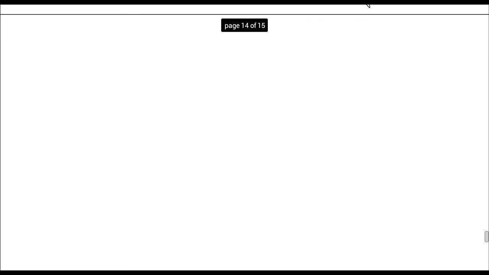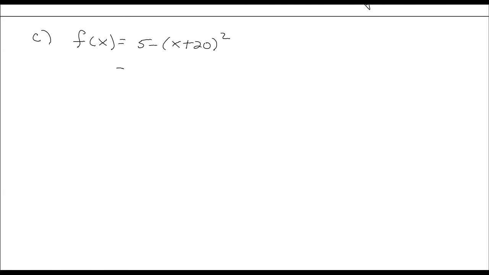Part C is a quadratic function, which is given as f of x is equal to 5 minus the quantity x plus 20 quantity squared, which I'm going to rewrite again. Negative quantity x plus 20 squared plus the 5. That way it looks like the vertex form for a quadratic.